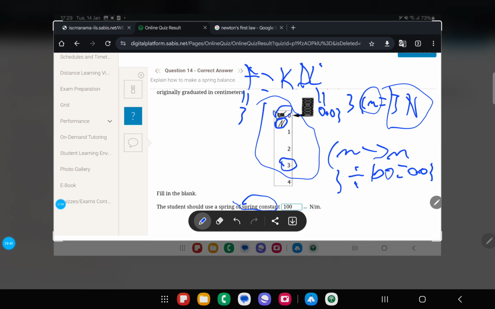Since force and extension are directly proportional, we can divide them. 3 over 0.03 is equal to 100. So that's the spring constant, and yes, indeed, it is 100.